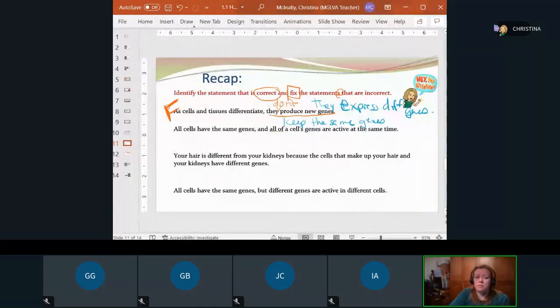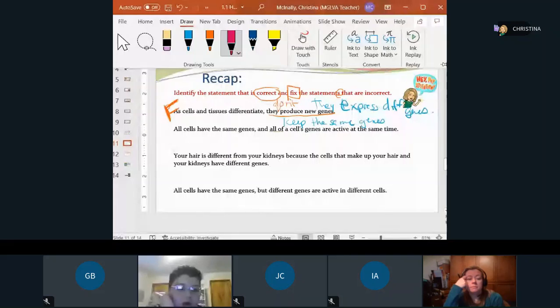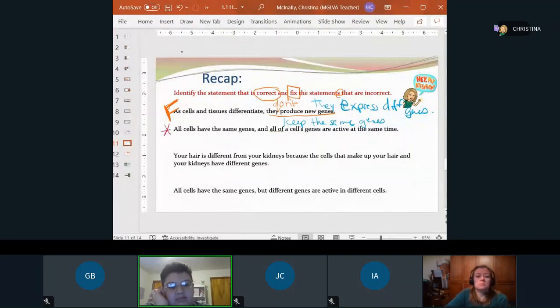Number this one. I don't have a number on it. Gavin, do you want to read this one or do we have another volunteer? Kaylee, you want to read this one? Gavin, you can read the next one if you want. All right, go ahead, Kaylee. All the cells have different genes, and all of the cell genes are active at the same time.